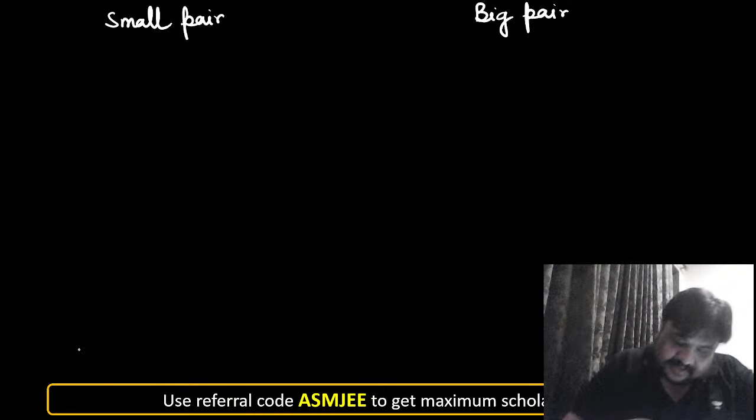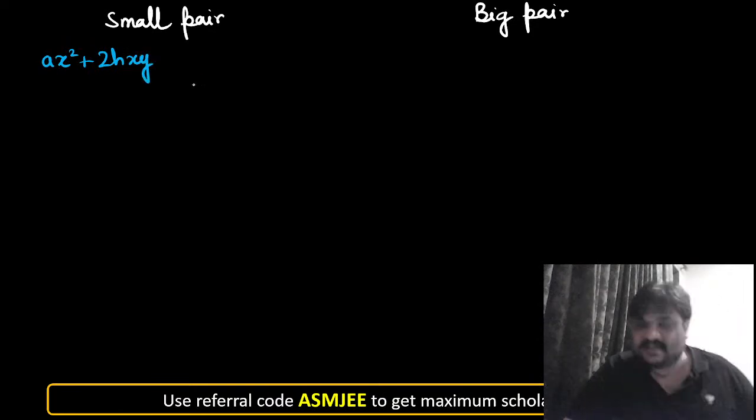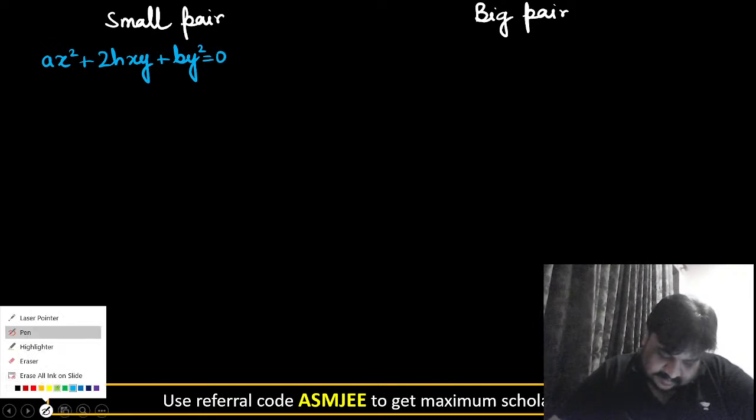So the small pair was this one. DPP will come in the description as well as in the update section of any straight lines course of Unacademy, as well as in the description of this lecture. So this is small pair and this is big pair.